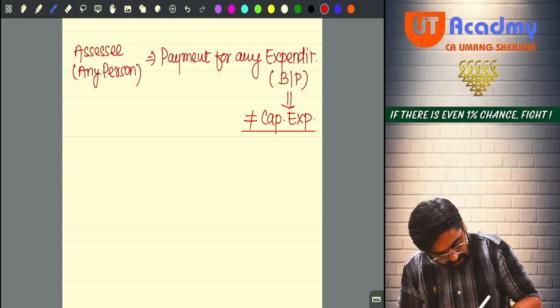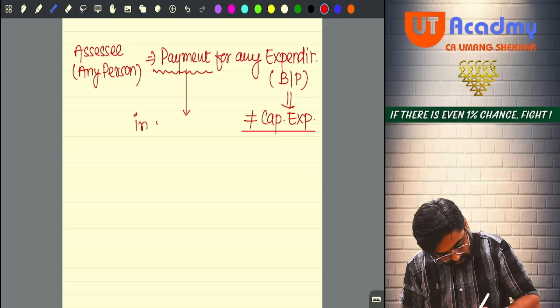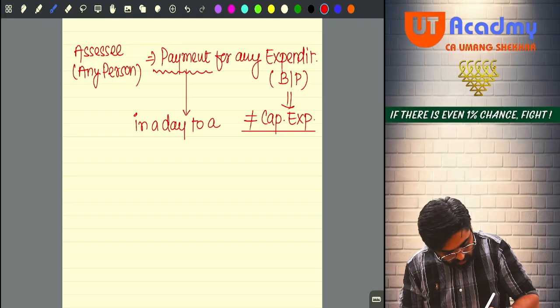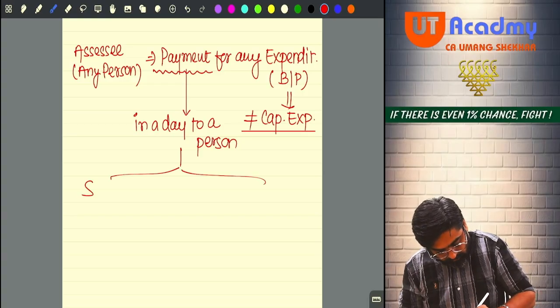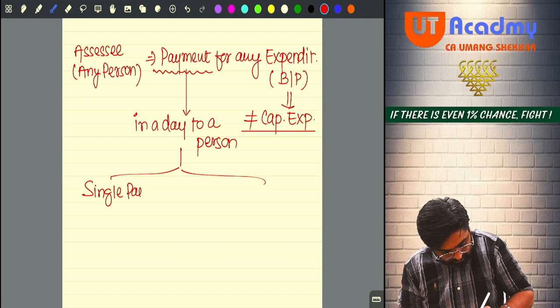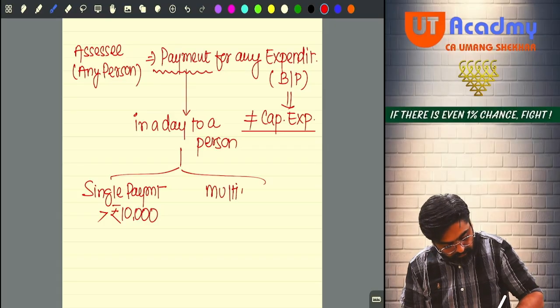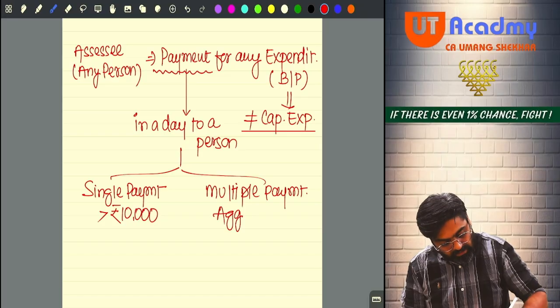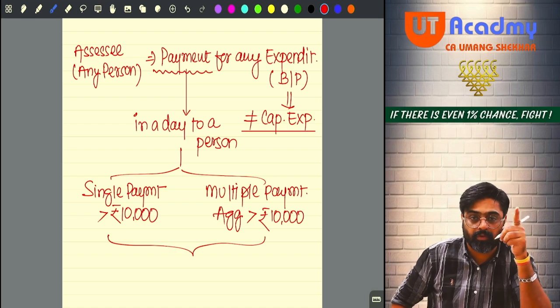And for that expenditure, if you are making a payment in a day to a person, and that payment is a single payment of more than rupees 10,000, or in a day to a person multiple payments are made and the aggregate amount of those payments in a day is more than rupees 10,000, then you have to make sure that such business expenses are also paid by way of prescribed modes.